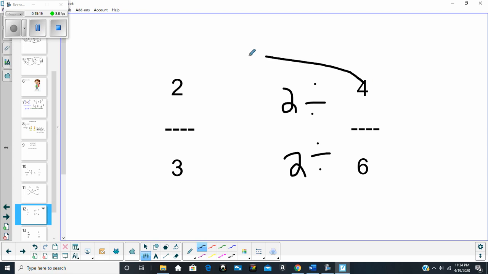Very good. 4 divided by 2 is 2, and 6 divided by 2 is 3. Therefore, 2/3 is equal to 4/6.